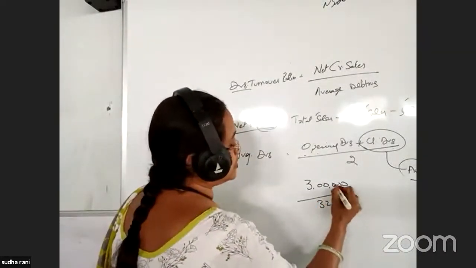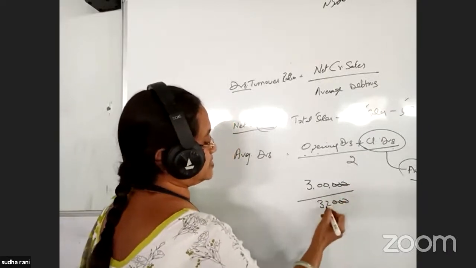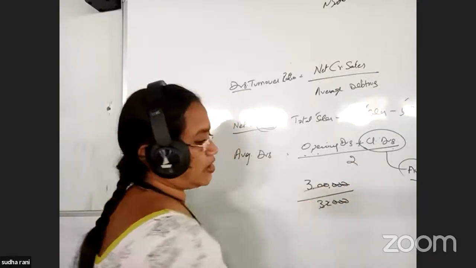Okay, please do multiplication, division. So 32 in 300, how many times goes?